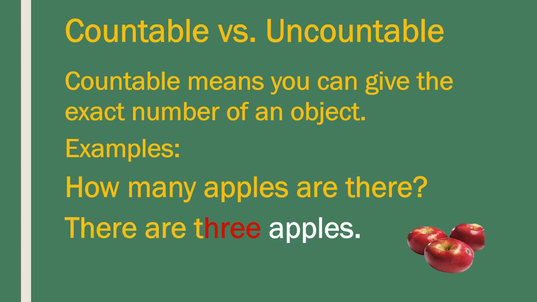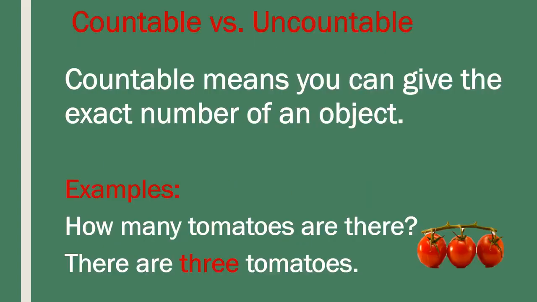Let's read this sentence, please. There are 3 apples. So how many apples are there? Right, 3. Countable means you can give the exact number of an object. Another example is tomatoes.